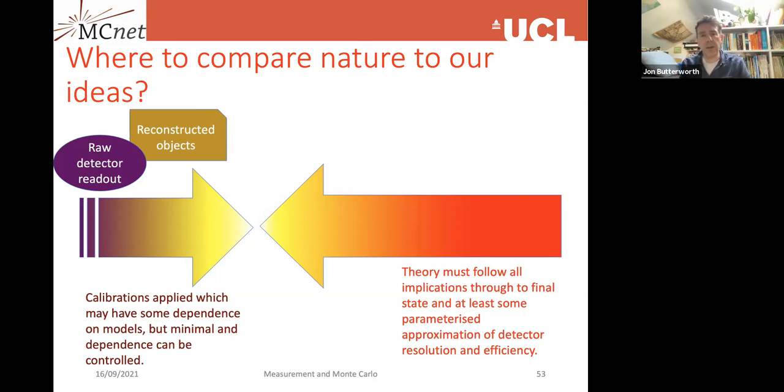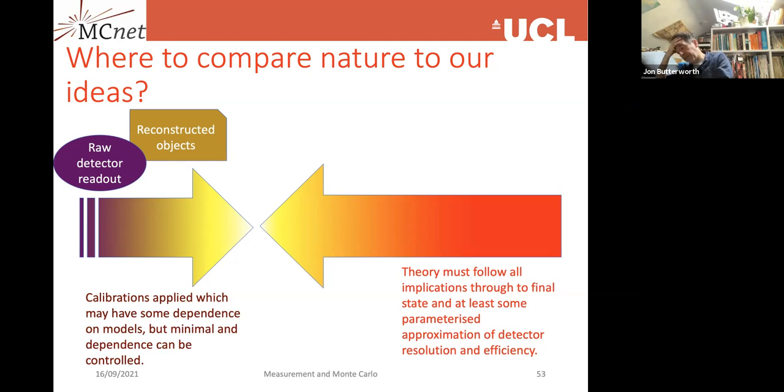They have very small model dependence typically, and the model dependence they have can be bracketed, because you have enough standard candles and enough data that you can make sure your simulation is accurate to within some relatively small systematic uncertainty.